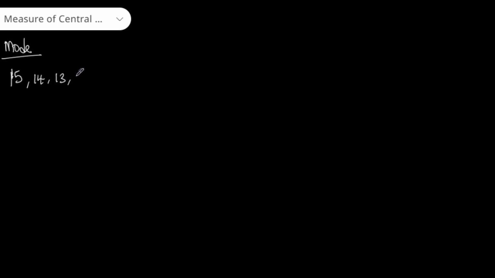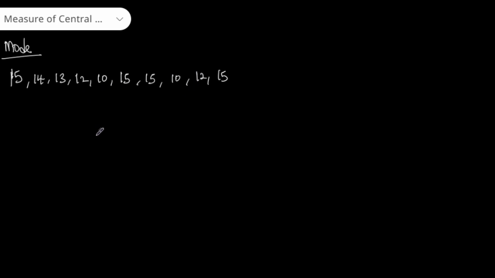The fourth student is 12 years. The fifth student is 10 years. The sixth student is 15 years. The seventh student is also 15 years. The eighth student is 10 years. The ninth student is 12 years. And then the 10th student is also 15 years. Now, this is the data collected from 10 students.